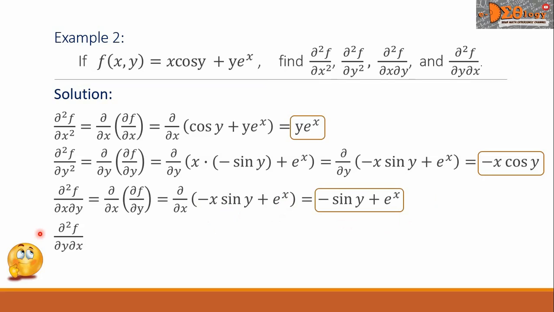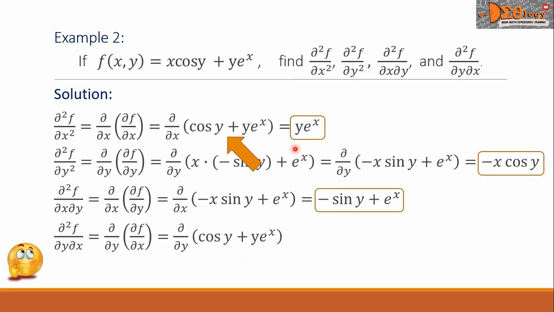Then we have the second order partial derivative of f over dy dx. It means partial derivative with respect to y of the partial derivative of f with respect to x. Simplifying now, we write cosine y plus y times e raised to x.